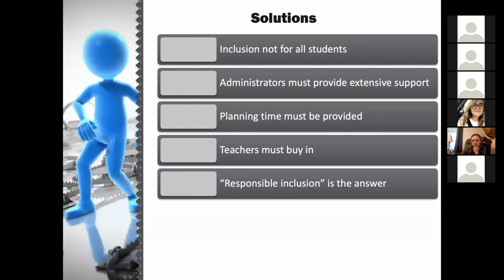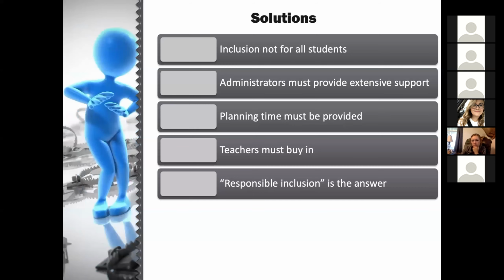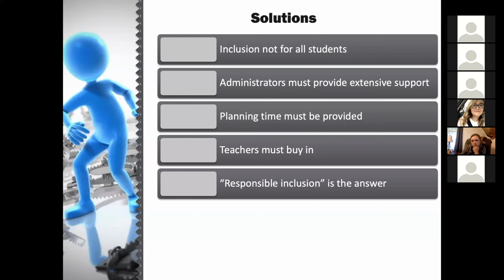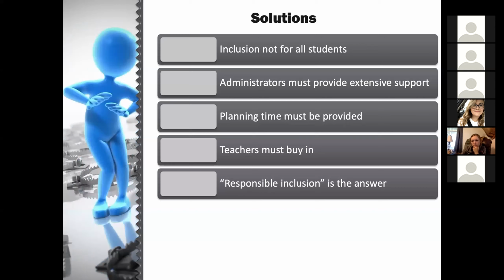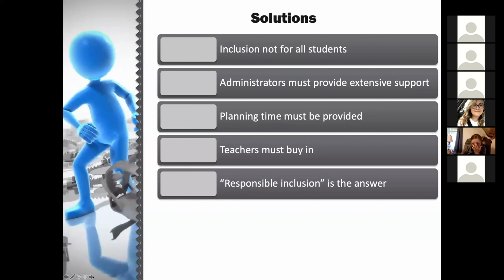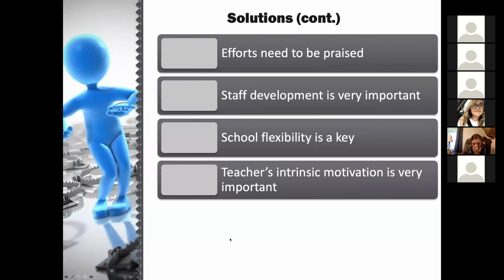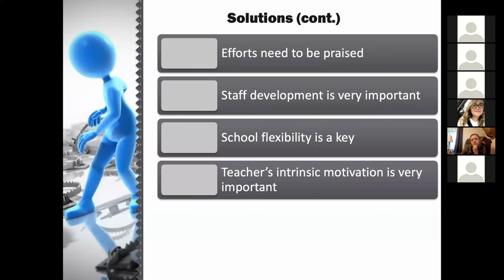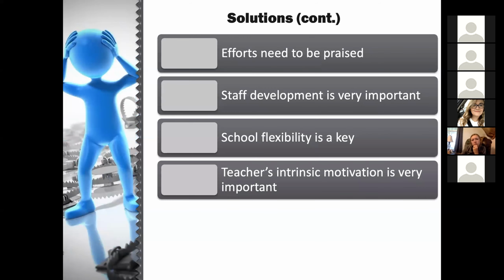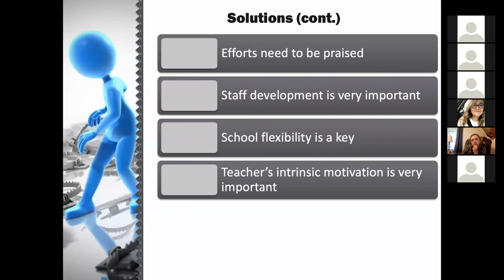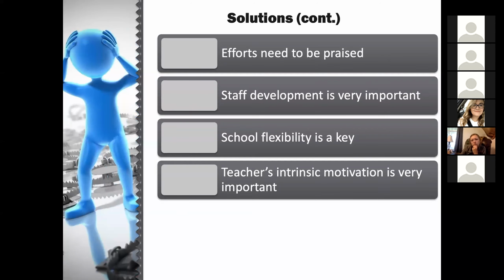My idea is that what we really need is responsible inclusion, including those that we can do a good job with and finding other placements for those that we can't. We need to praise people for their collaborative work. Teachers need to be praised. Staff development is very important. Schools need to be flexible.